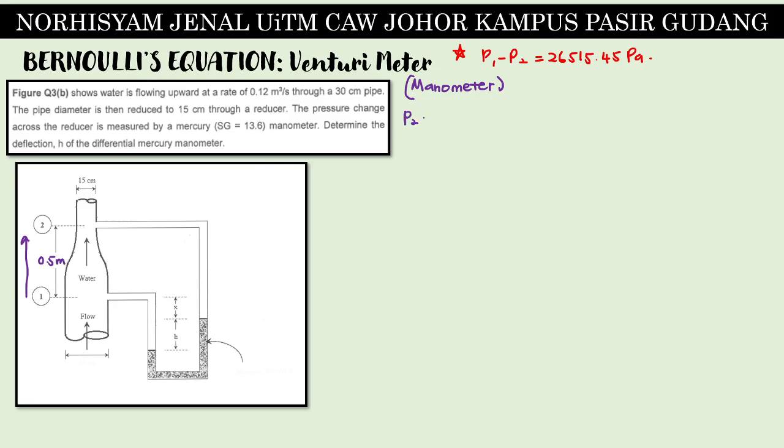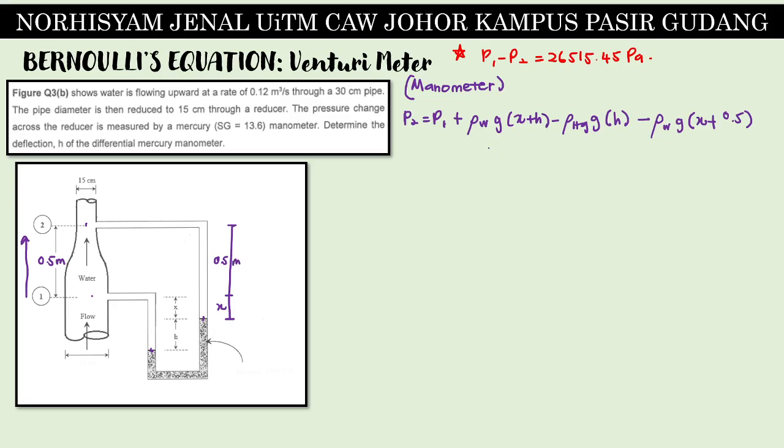So P2 is equal to P1, and then P1 is here, the next point is here, so it's plus rho water G X plus H, alright, up until here, and then this is mercury, minus rho Hg, mercury G H, and minus from here to here will be rho water G X plus 0.5 meter. This is X. This is 0.5 meter.